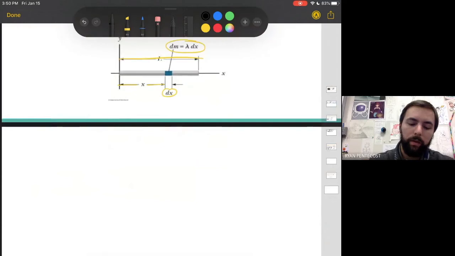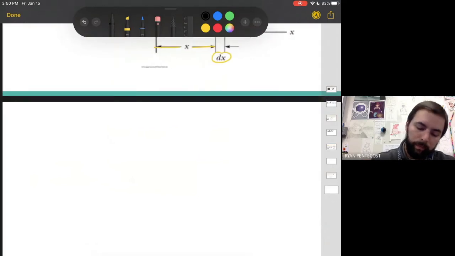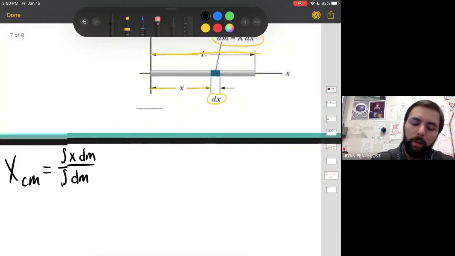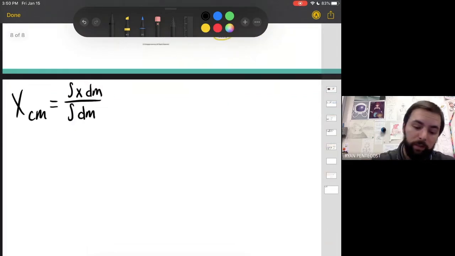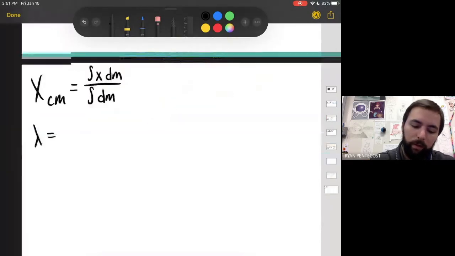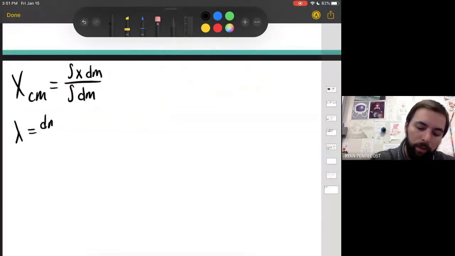Okay? So we want the center of mass. We have the equation, the integral of x dm divided by the integral of dm. Okay? But we also know that it has uniform density, and it would be linear density, shown by this: dm equals lambda dx. That would be dm divided by dx.